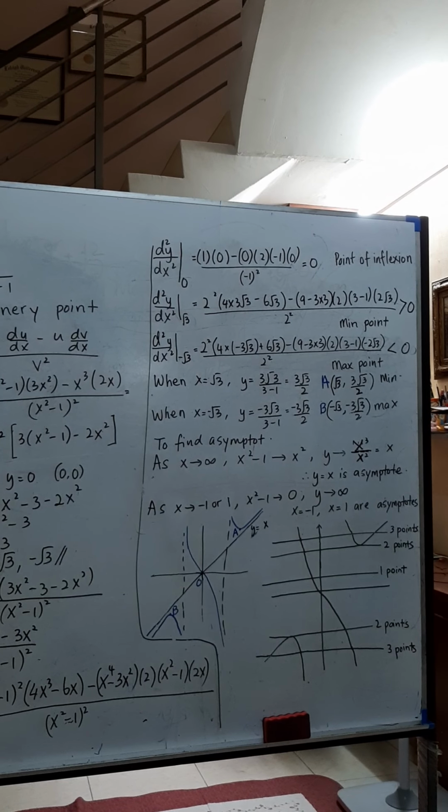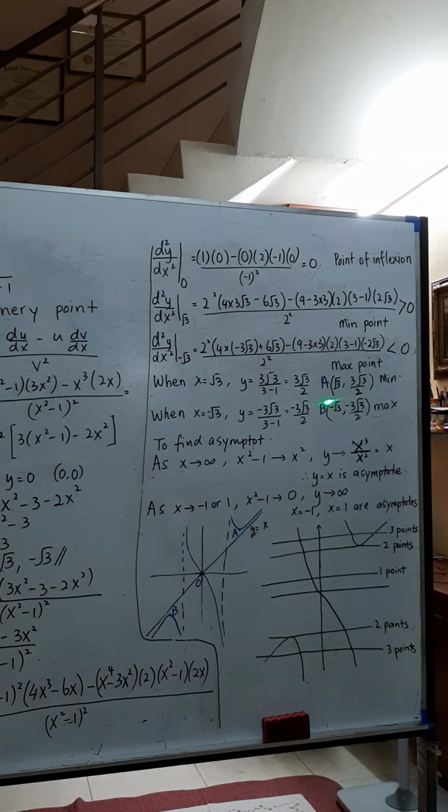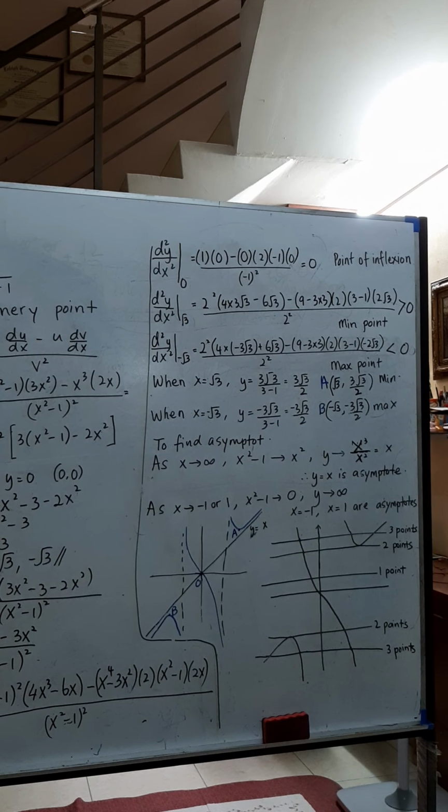We have a minimum point, which I label as A, and a maximum point here, B. Those values you can figure out using the behavior of the graph. So there, you have the graph.